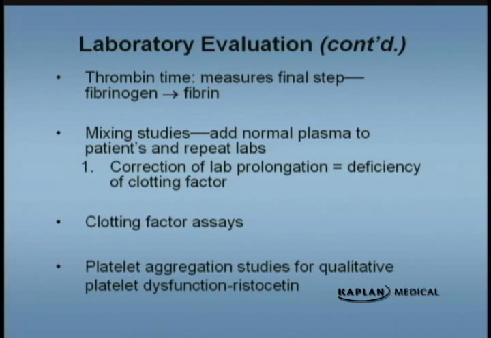You can do specific clotting factor assays, and for sure on the factor 8 and factor 9 deficiencies, that's the only way you're going to tell them apart is to test for that specific clotting factor. The platelet aggregation studies or the ristocetin test is a qualitative test for platelet dysfunction.